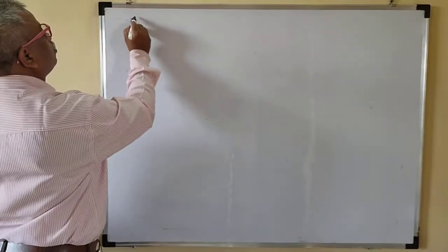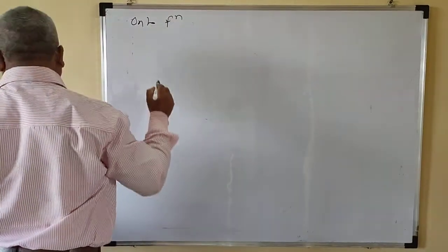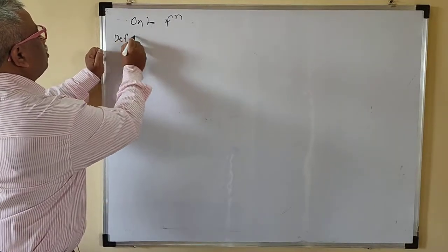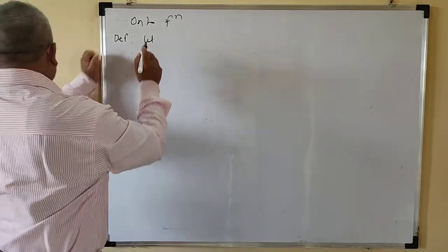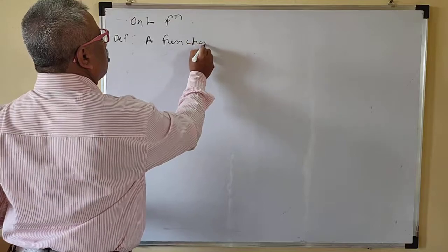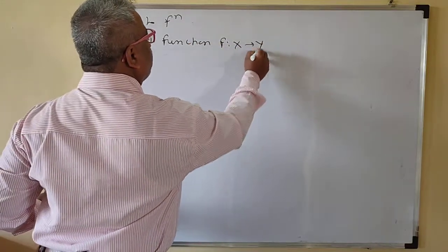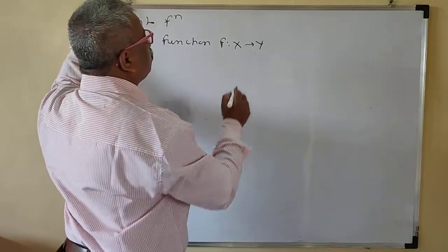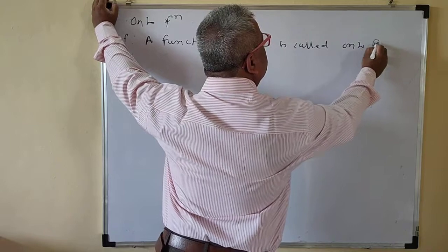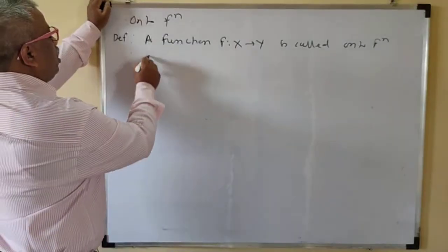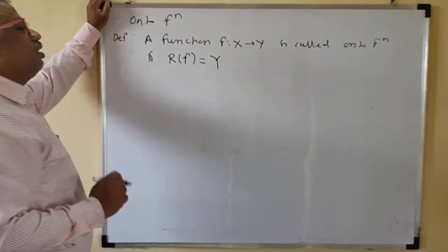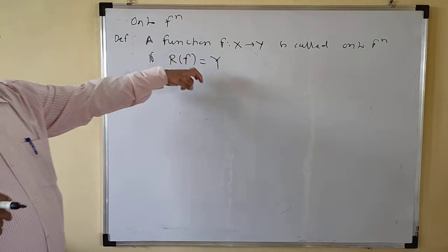A function f from X to Y is called an onto function if the range of f is the same as the codomain.